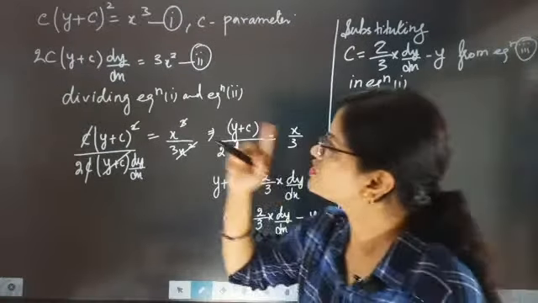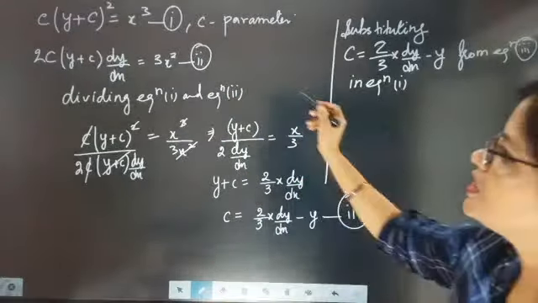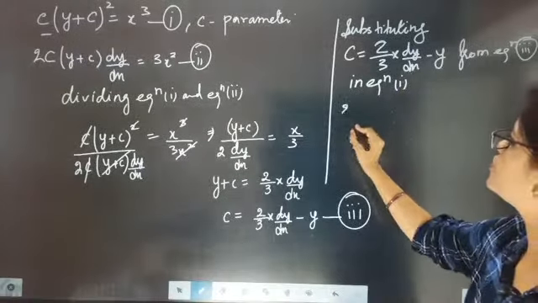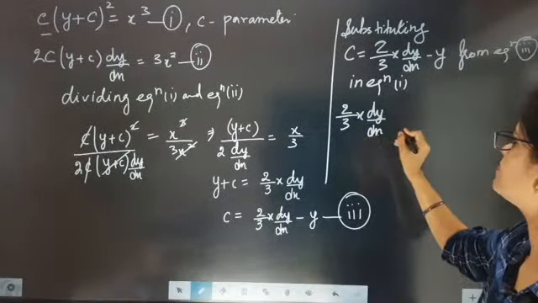In equation 1, the first part is written as c. So now c is 2 by 3x dy by dx minus y.